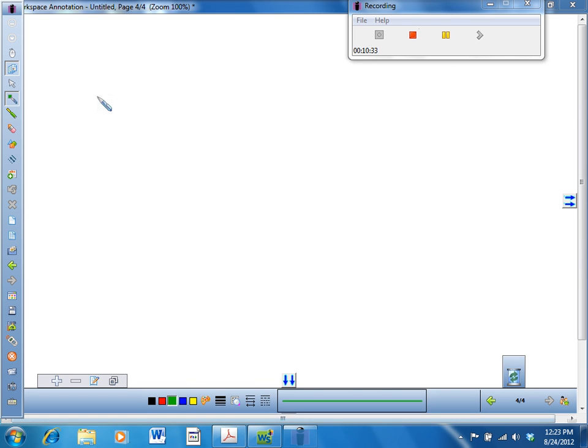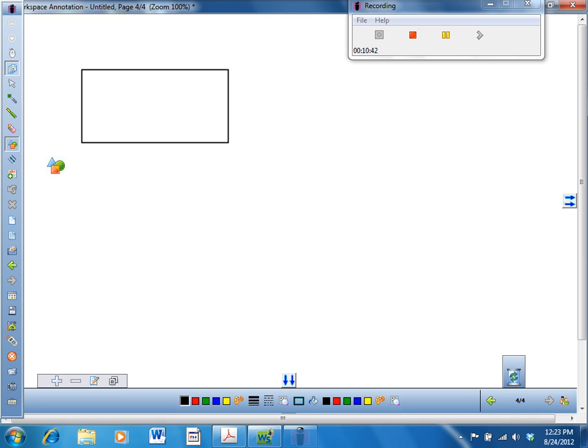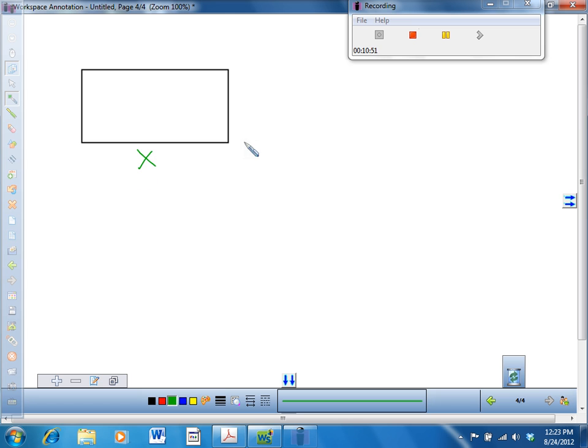But so I want to start with a rectangle. Here's a rectangle. I'm going to draw a rectangle. And then they say that this is, we'll call this X for the width and Y for the length.